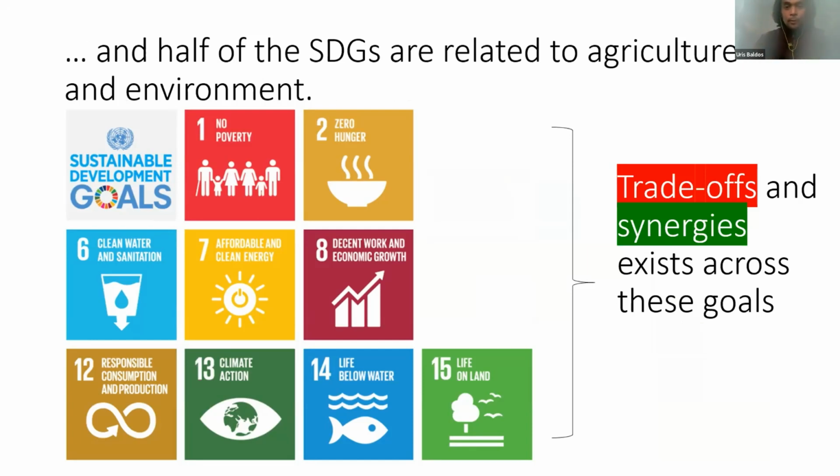And the cool thing here is that there are a lot of trade-offs and synergies across these goals. If you pursue environmental goals, sometimes it would hamper your food security goals, because it would mean greater food prices and so on. So that's the key motivation in terms of developing this tool and also teaching it to students.